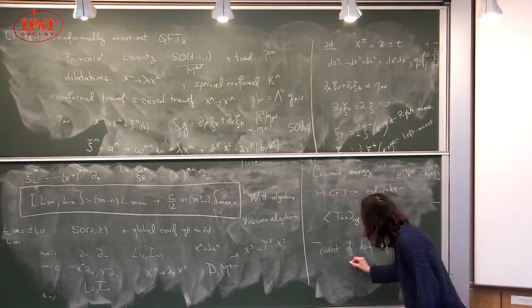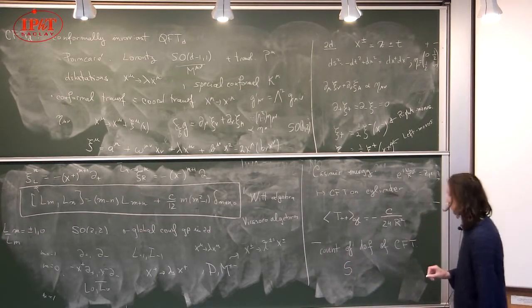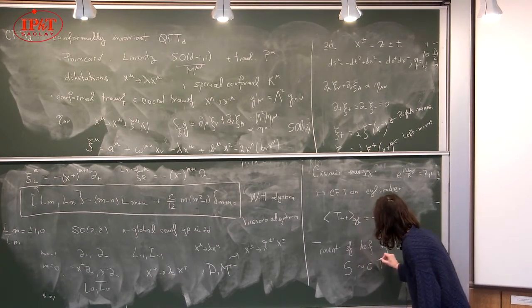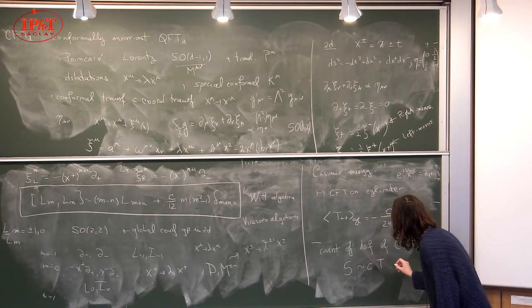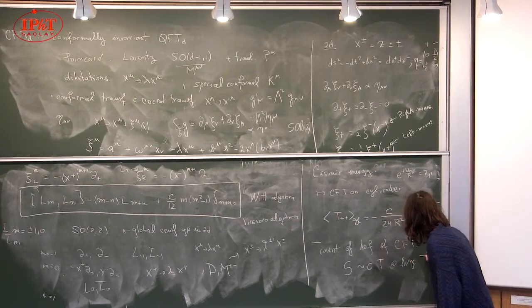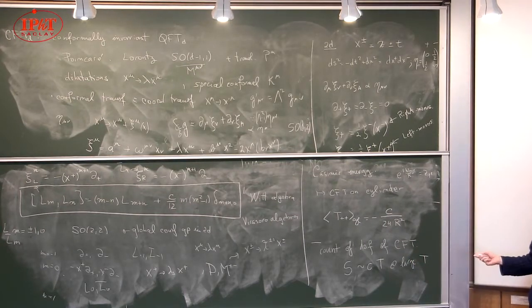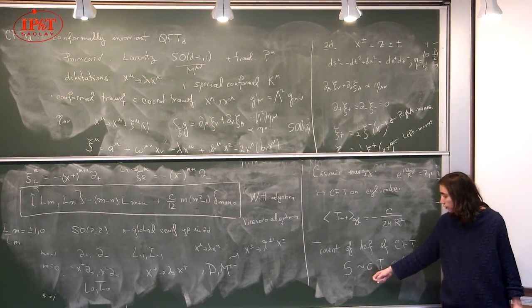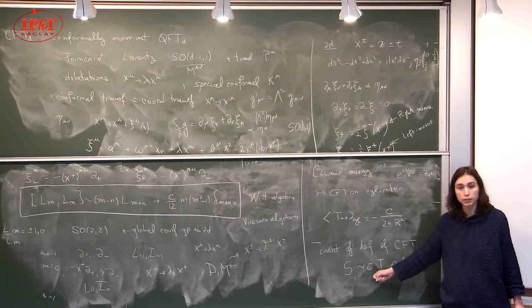In particular, the entropy in the CFT is proportional to c times the temperature at large T. So if you go to high temperatures, the entropy is proportional to T, but the proportionality constant is the central charge.